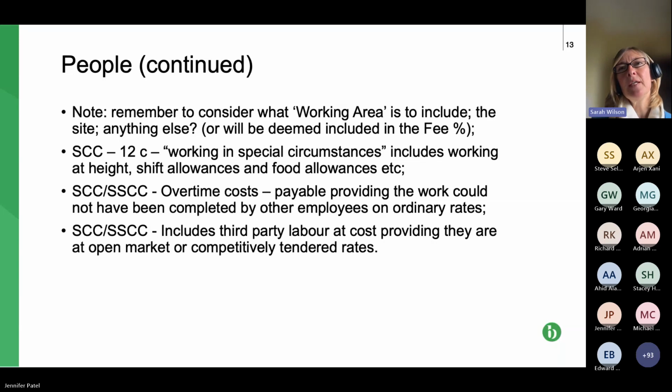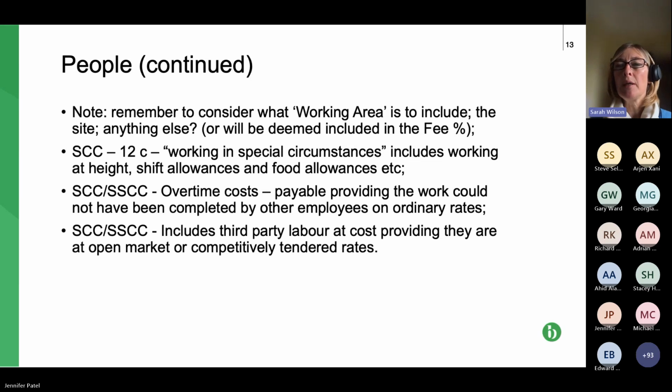So hopefully you're getting the feeling and the view that this could be quite onerous and could be quite difficult to agree with the project manager. So the third bullet point, both the schedule and shorter schedule allow the contractor or subcontractor to include overtime costs, but it's subject to these checks and balances that I've mentioned.